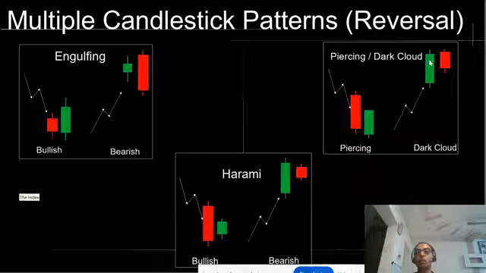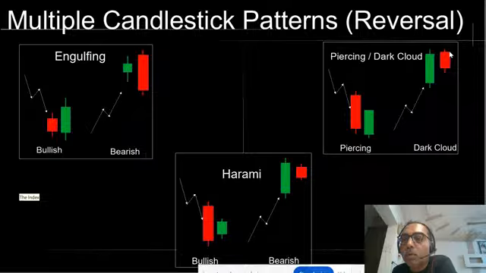The trend was up, and eventually the price opened up compared to the previous close, and then sellers started selling, and around 50% they were able to push that price down. This means there is a high probability that the trend would reverse. In case of bullish piercing, the trend would reverse from downtrend to uptrend.